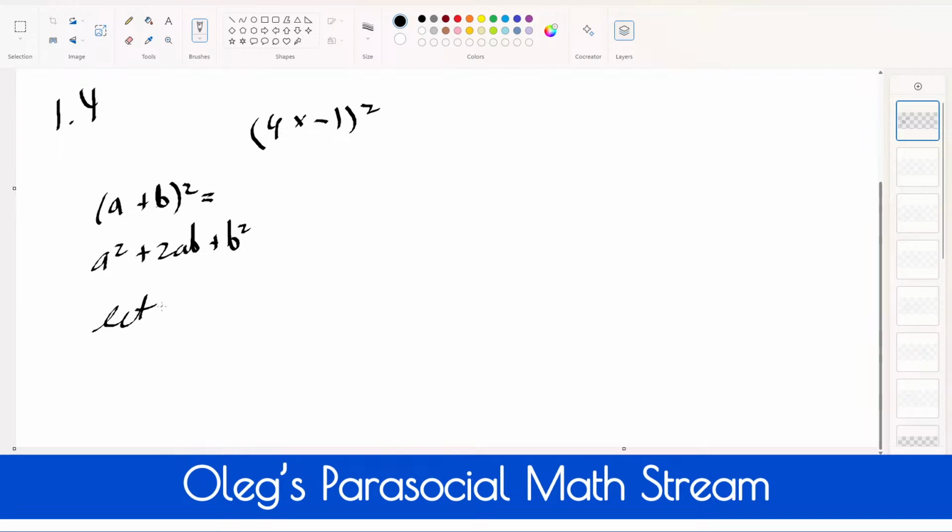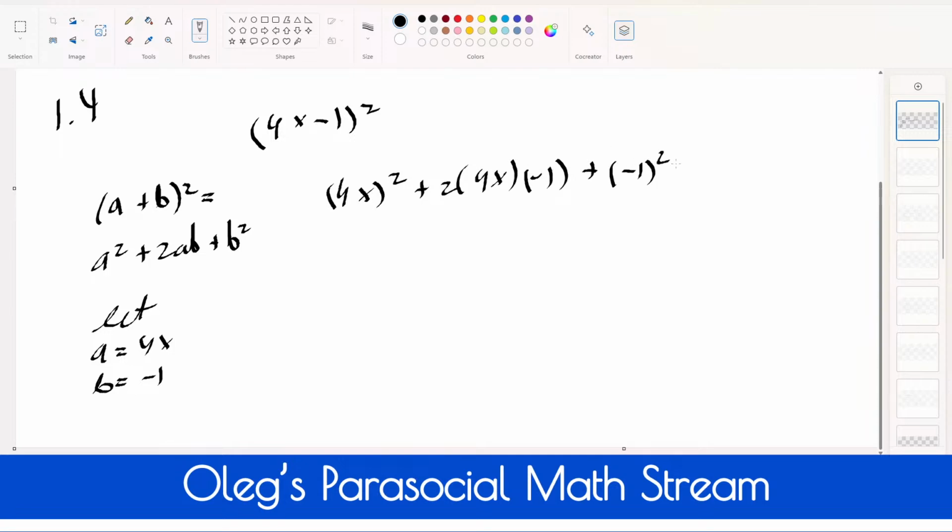Let a be equal to 4x, b be equal to negative 1. We're going to fill them in. (4x) squared plus 2 times 4x times negative 1 plus negative 1 squared. We're going to say 16x squared, and then we multiply this out. It's going to be negative 8x, and then plus 1.